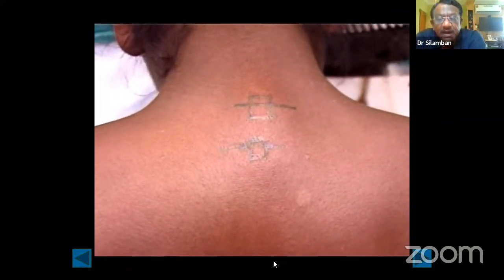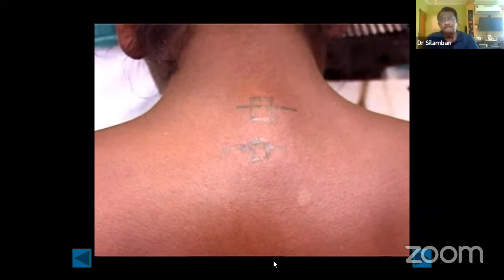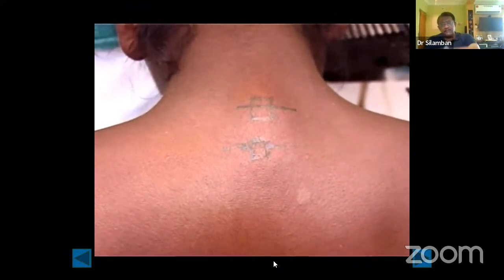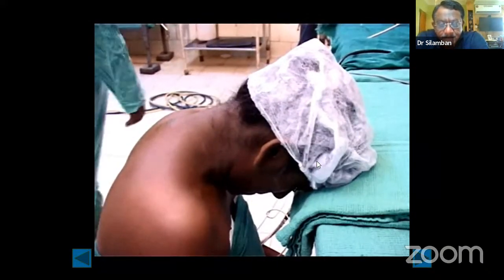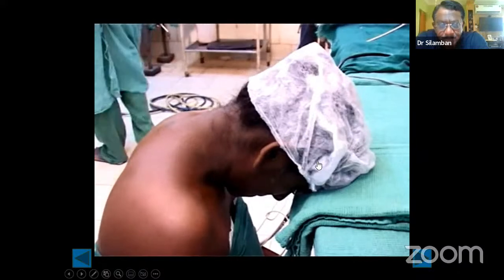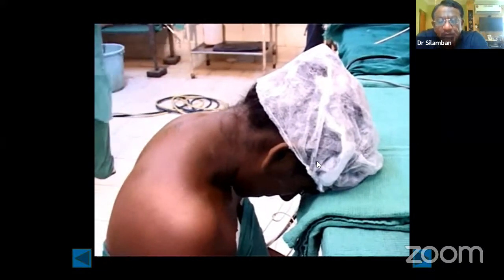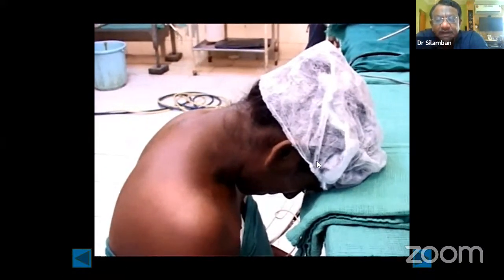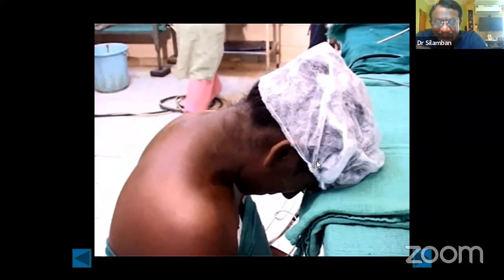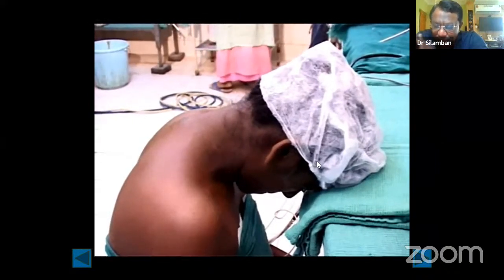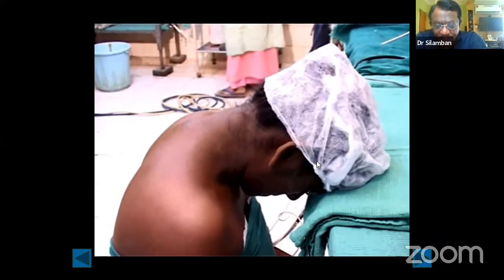That is the C7-T1 mark there. You have to achieve full flexion of the neck to perform a cervical epidural, but invariably when there is a thyroid swelling, neck pain or neck disc, full flexion is not achieved.